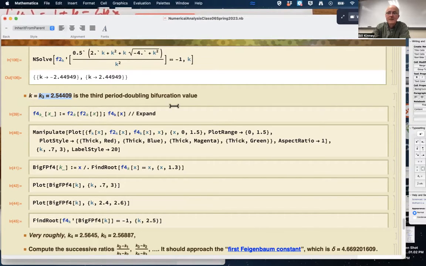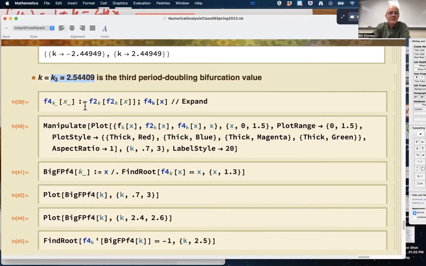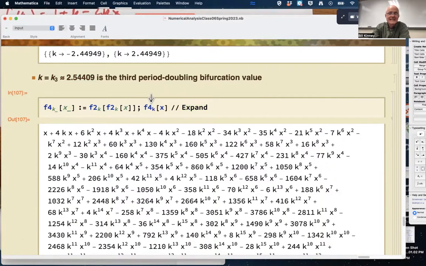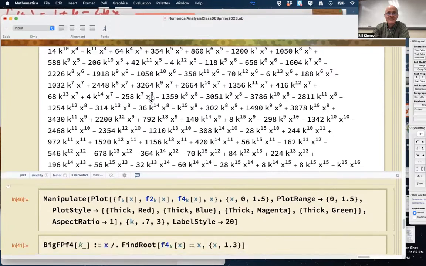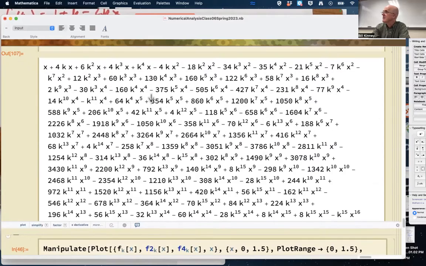We can create yet another new function, f4, to be f2 composed with itself. If f2 is 4th degree, what degree does f4 have? Yeah, 16th degree. It's a 16th degree polynomial. What are its fixed points? I don't think I want to find them.